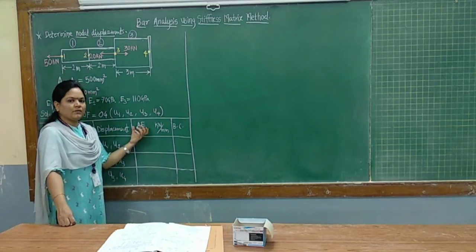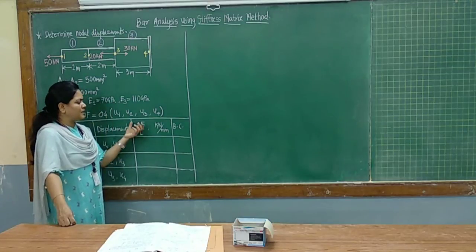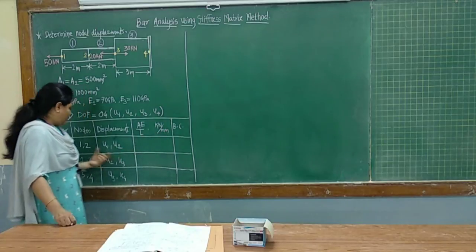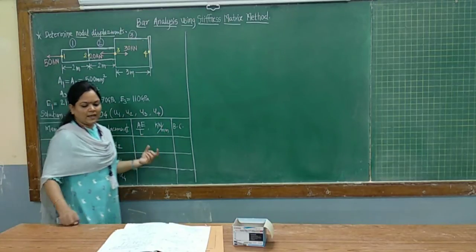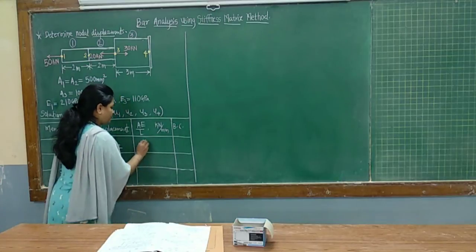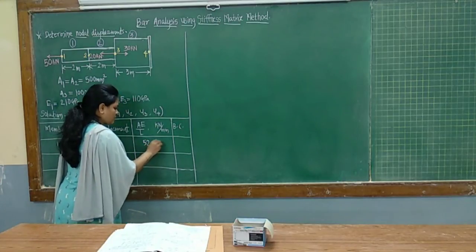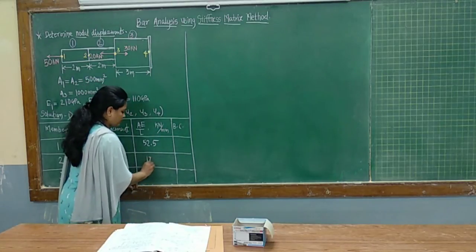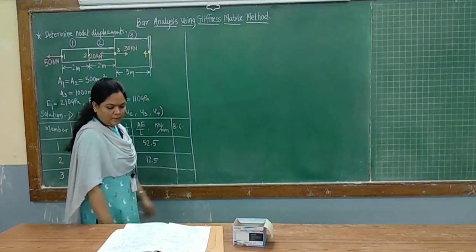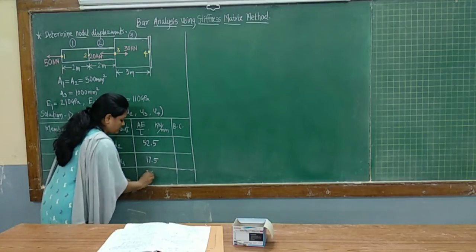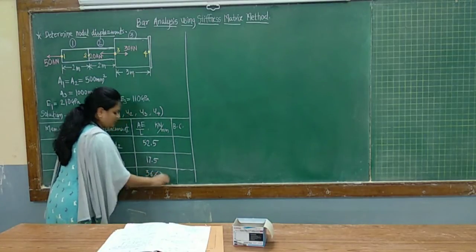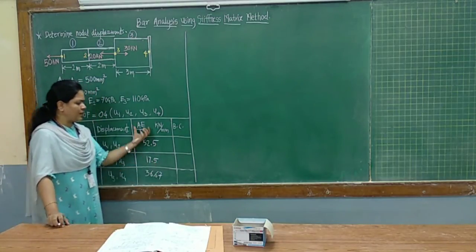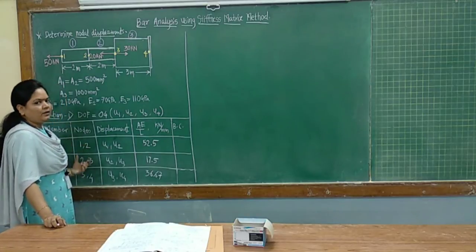So accordingly convert the units of parameters A, E, and L, and write the final value in kilonewton per mm. For the very first member it is calculated as 52.5, for the second member 17.5, and for the third member 36.67. Calculations are simple. So here I have written these values of AE upon L for members 1, 2 and 3.